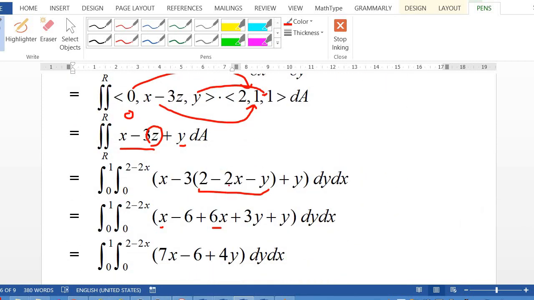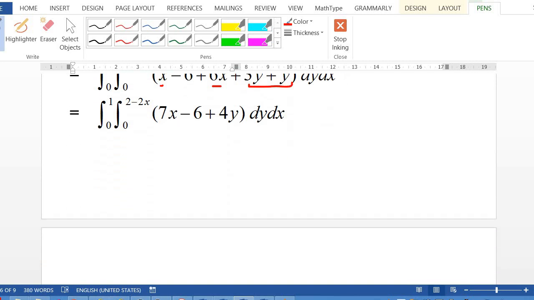So this is the z, 2 minus 2x minus y. So we simplify first. So x minus 6, and then this one, negative 3 times negative 2x, plus 6x. Negative 3 times negative y, so plus 3y plus y. Simplify it first, x plus 6x, 7x. So minus 6. So 3y plus y, 4y.